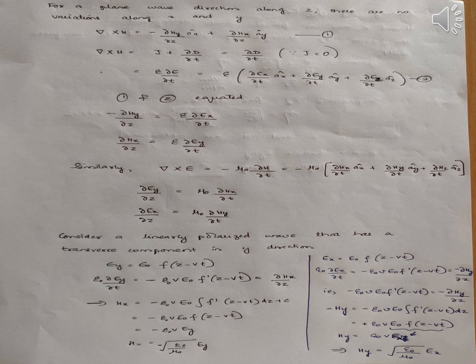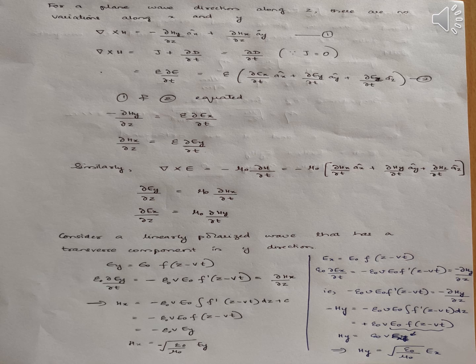It implies that Ex by Hy, the ratio of electric field to the magnetic field, is equal to root of mu 0 by epsilon 0, which is 377. I had just explained this a couple of slides back. If I substitute the values of mu 0 and epsilon 0, I get eta, the intrinsic impedance of free space, as equal to 377.